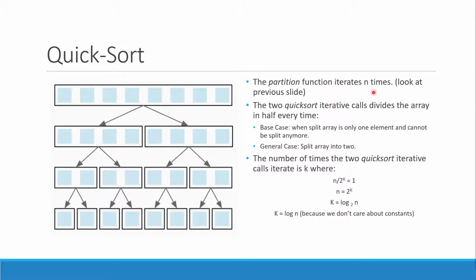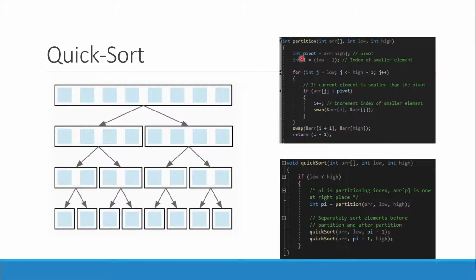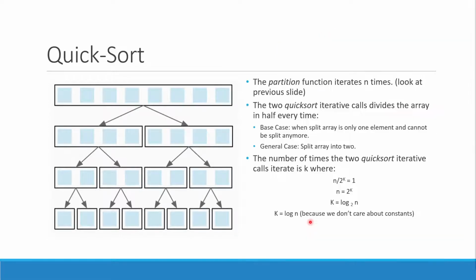Now, if you look at the previous slide, because we have a for loop here that's completely dependent on the size of the array, we say that the partition part of the function iterates n times, where n is the input size, right? Now, the 2 quicksort recursive calls divide the array in half each time, right?